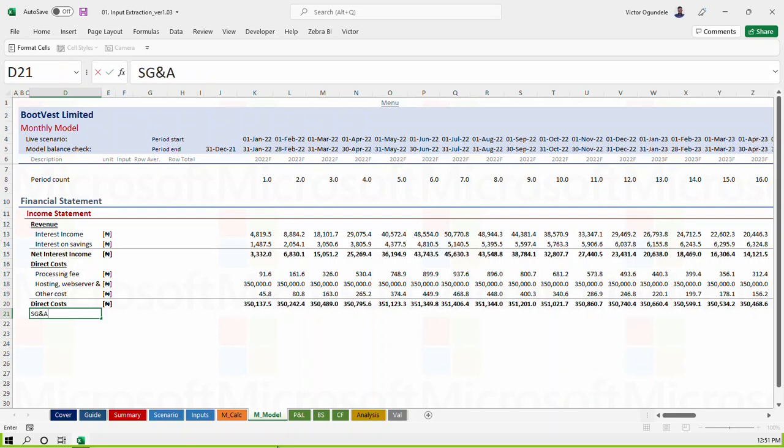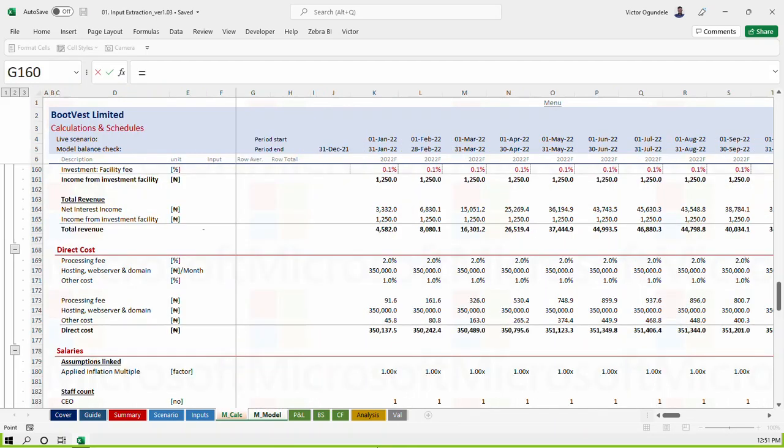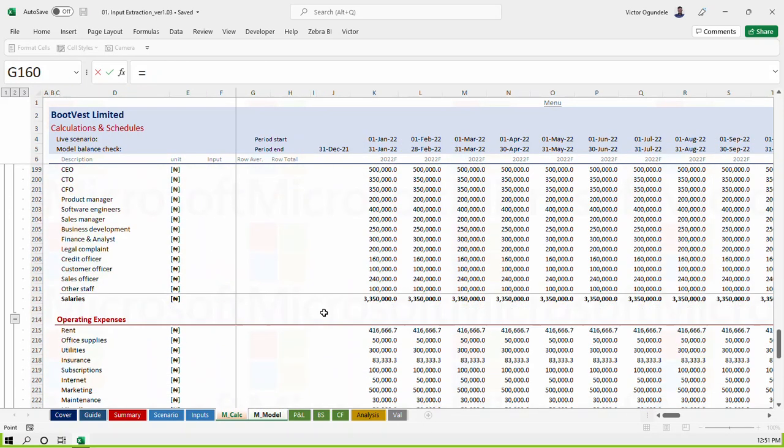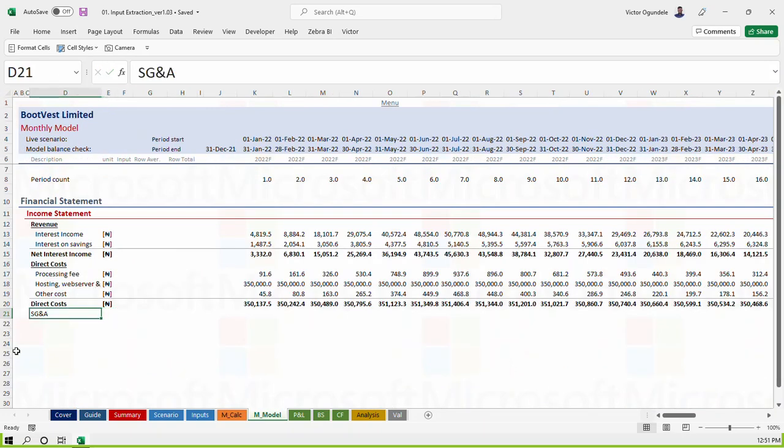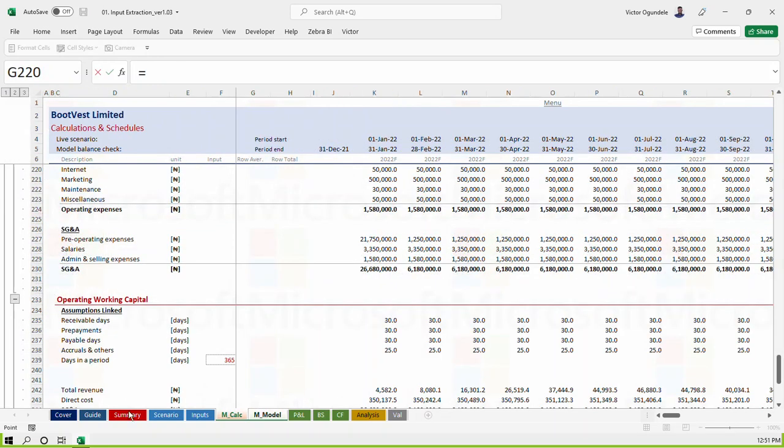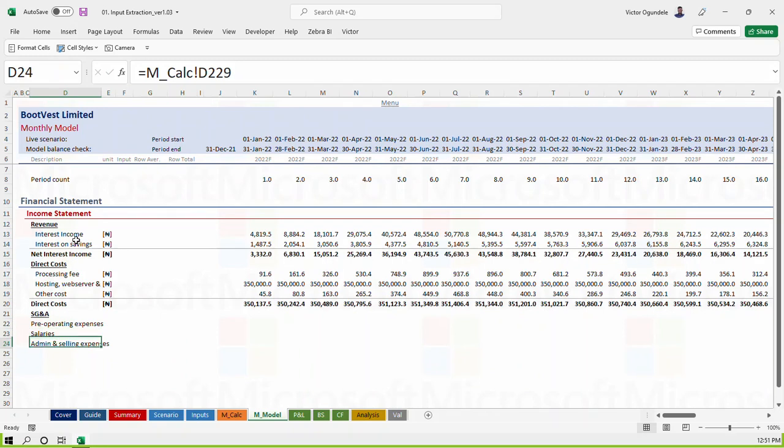So let's summarize the model, right? Our SG&A here, just link that to what we have. If you want to list out the expenses, you can do that as well, but let's do it like this. Let's just link the summary. Pre-operating salaries. We can also make use of the total. So let me copy this format here, put it here.